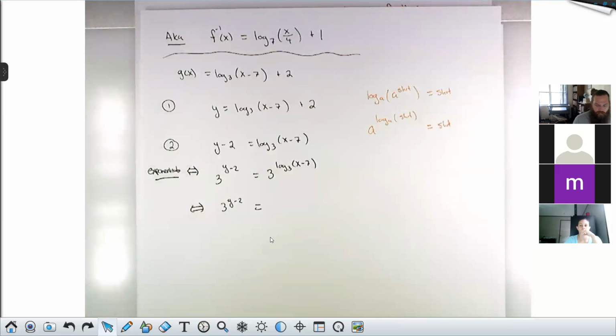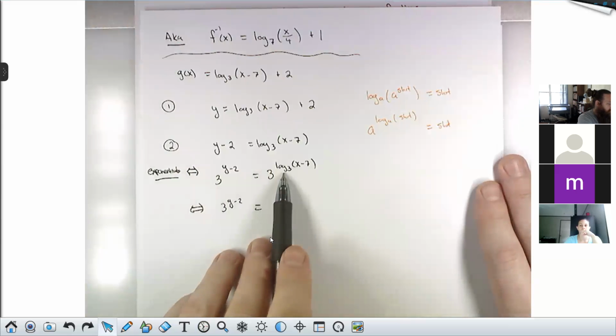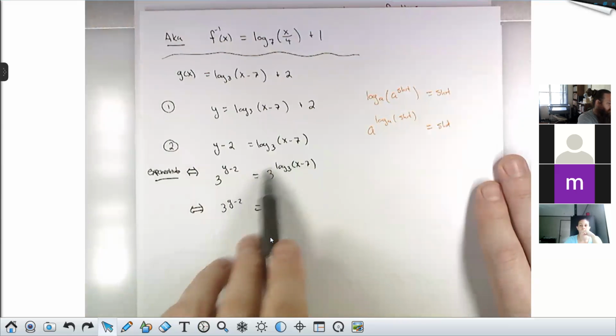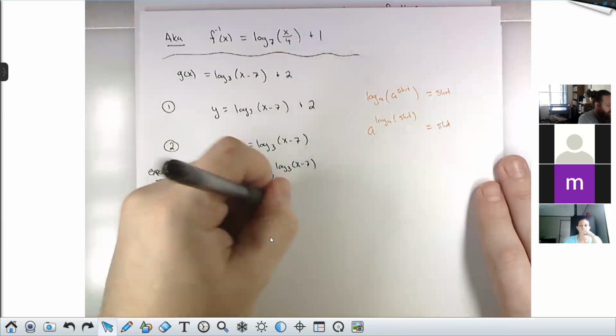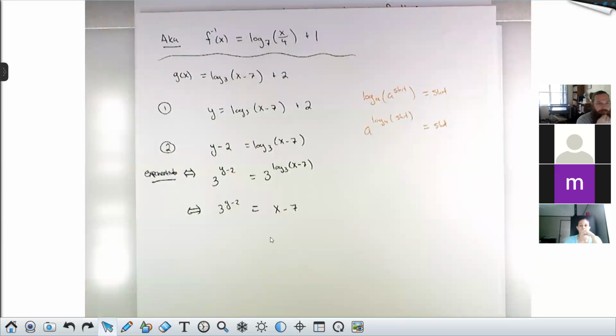When you plug one into the other, they eat each other up. So the base 3 exponential and the base 3 log are inverses. So when I plug this into the base 3 exponential, I just get the inside, which is x minus 7. And this is an important concept because it's not just used here, it's used in solving all logarithmic equations.